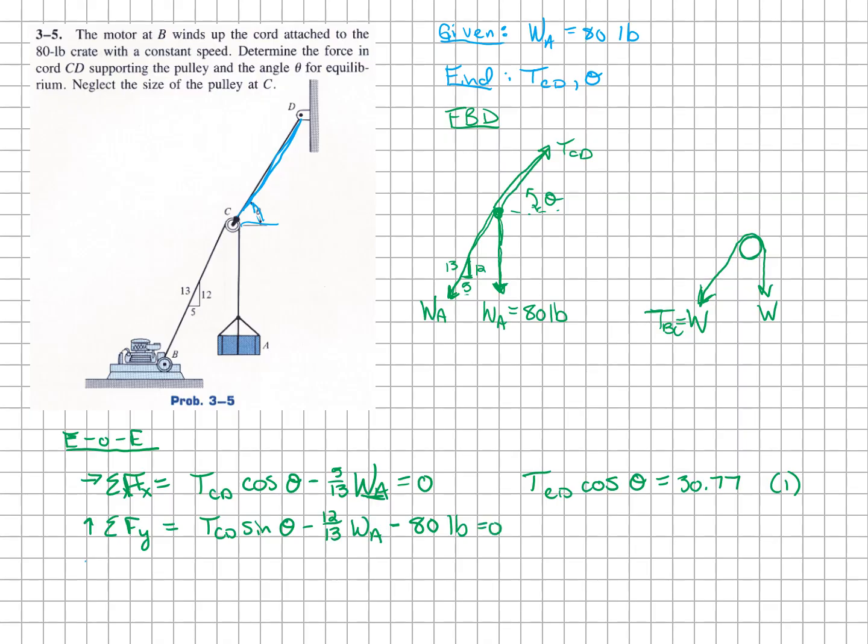So multiplying these out, I have TCD sine of theta is equal to 12/13 times 80 plus 80. And so then I have TCD sine of theta is equal to 153.8. And I'm going to call that my second equation.